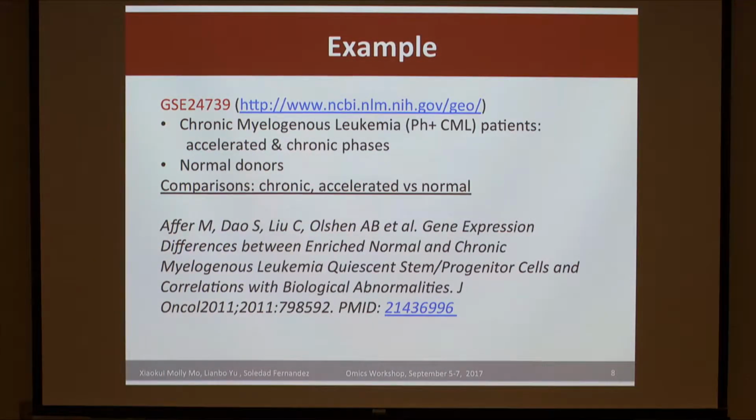So now I'm giving you an example. As I said, go to the GEO website. If you know the study you're interested in, the GSE number, just type the accession number. It will give you the expression data or other types of data you are asking for.